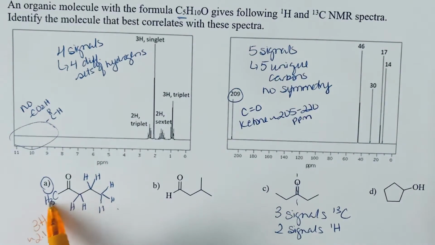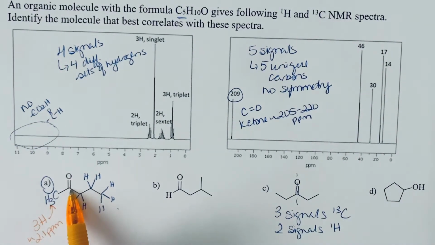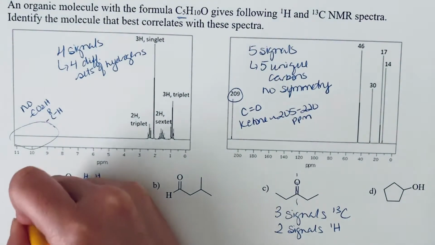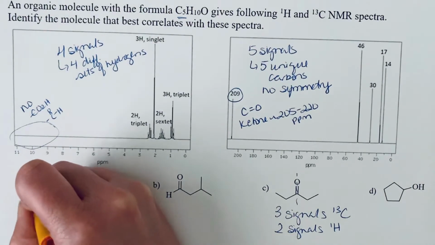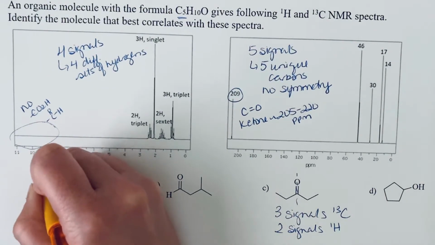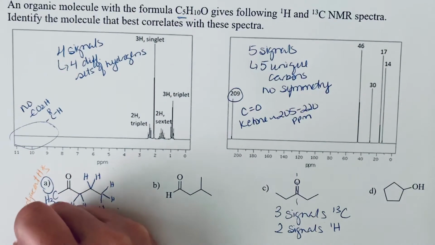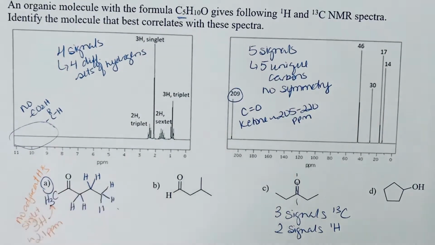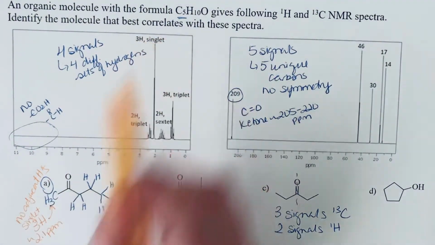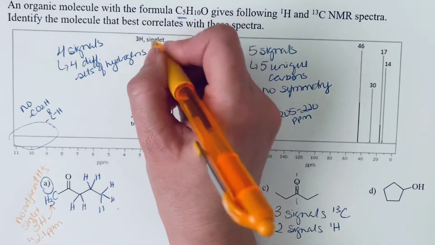So on the adjacent carbon atom, there are no hydrogens. That carbon has 4 bonds that we can already see. So no adjacent H's here. So that means we expect this signal to be a singlet. So this CH3 singlet looks a lot like this one.